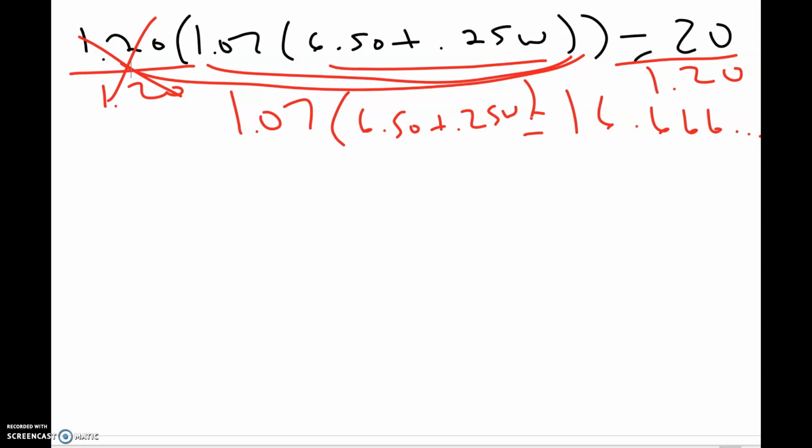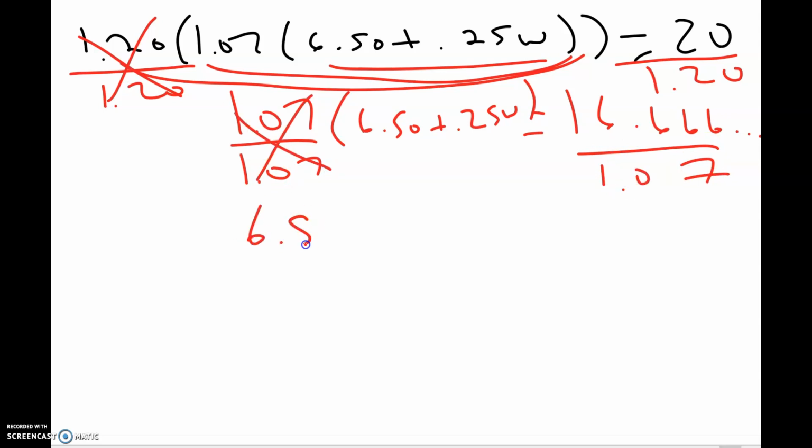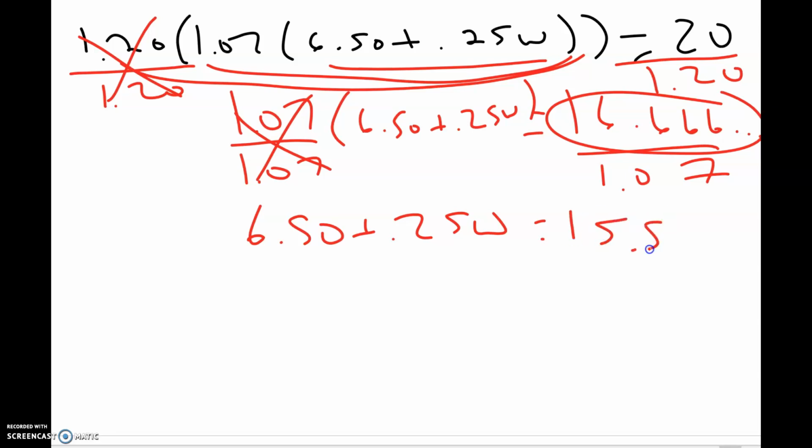So that got rid of the tip. Then the next thing I would have done is multiply. So again, I could go backwards and do that math. So I get 6.50 plus 25 cents W. This is basically getting rid of the tax. And that's why you don't want to round this right now. You kind of want to wait till you're done. Okay, so 17.57.